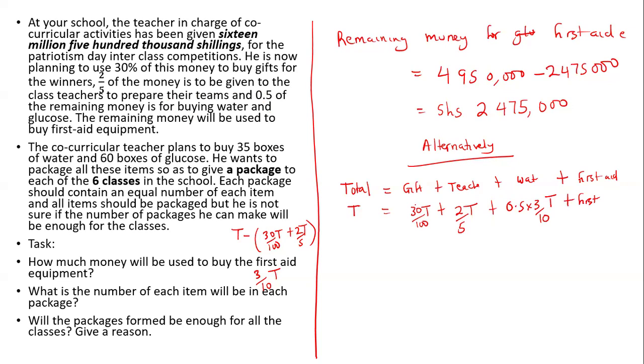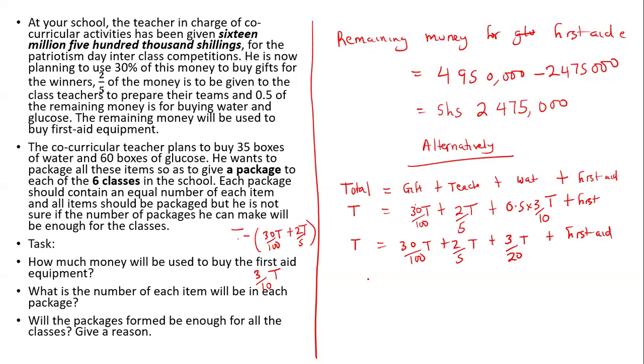So when you do your math, this will be T is equal to 30 out of 100 T plus 2 out of 5 T plus this is like 3 out of 20 T plus the amount of money to be spent on first aid. Now, you can do the math there.